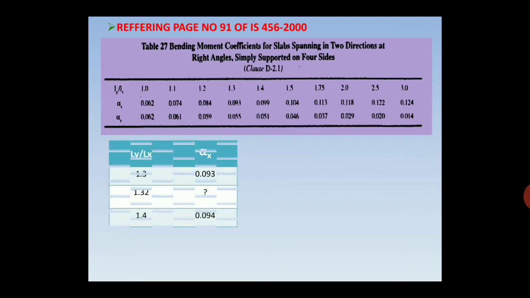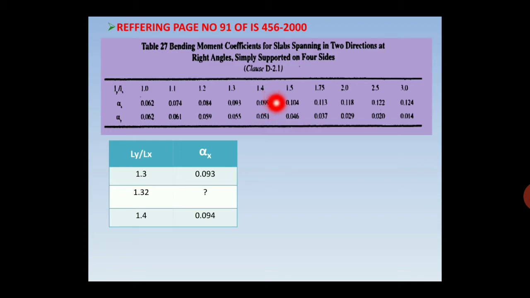So now, firstly we need to find alpha x. Our Ly by Lx effective ratio is 1.32, which we have calculated. It is nothing but small r. So it lies between 1.3 and 1.4. Corresponding to 1.3, what is the value of alpha x? 0.093 from the table.